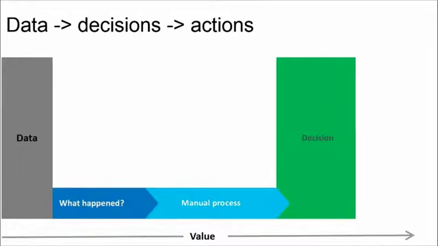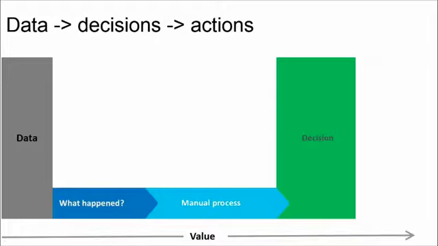So let's talk a little bit about what that means. On the left of this diagram, we have this big gray bar marked data. And on the right, we have a big green bar called decisions. And what we need to do is get from our data to some decisions about what actions to take.